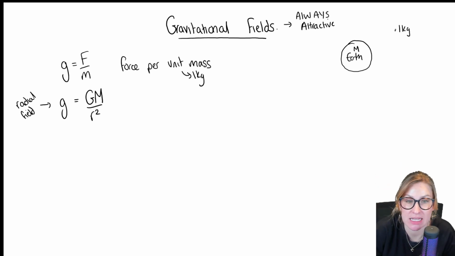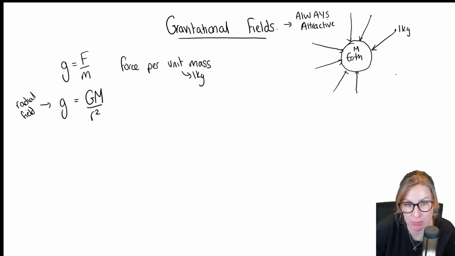If I put 1 kilogram mass here, or here, it's going to get pulled towards the center of the Earth. So you can see this is our radial field. It's like spokes on a tire. Any point is going to get pulled towards the center of the Earth.